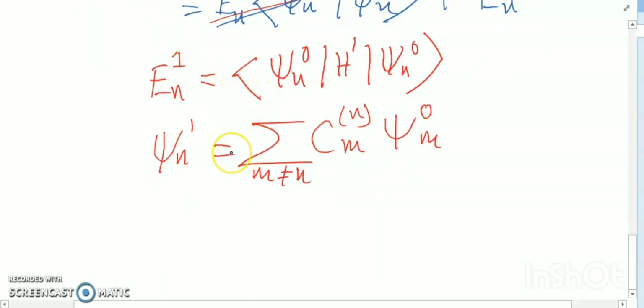Psi n1 equals the summation over m not equal to n of c_mn psi m0. Here m is the index that denotes the linear combination of the unperturbed states, which relates to the state for which we want to find the first order corrections.